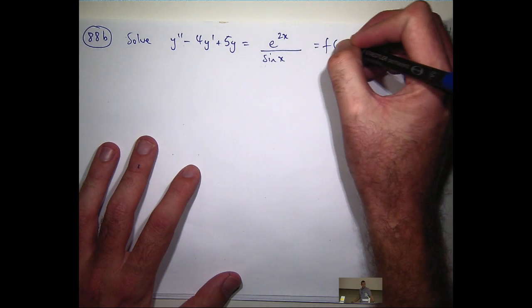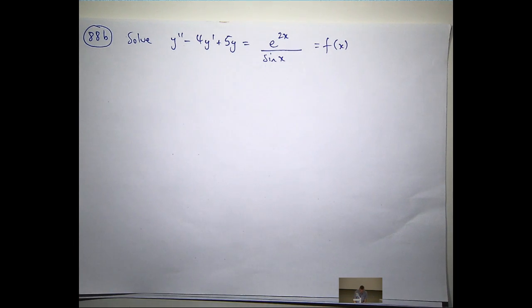I'm just going to label the right-hand side as a function of x. So you've got some sort of inhomogeneous problem. Now, we still do assume that the solution for this problem is the solution to the homogeneous problem plus a particular solution that we construct. But the trick is in constructing the particular solution.